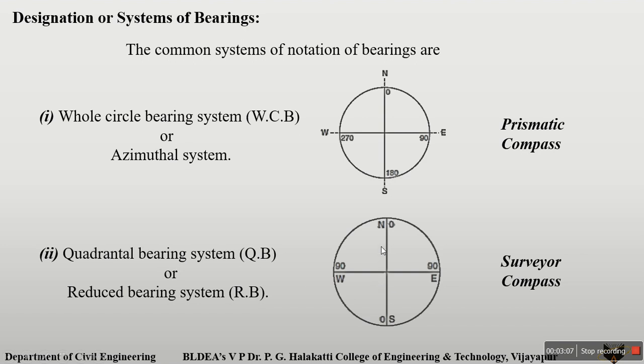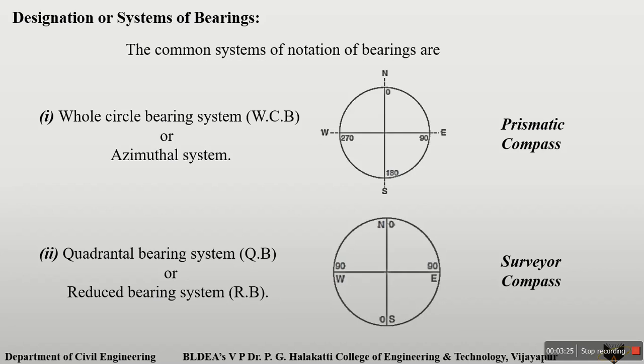But here the reference direction is north and south, and it may be clockwise or anti-clockwise towards the west or east side. So this is about the systems of bearings.